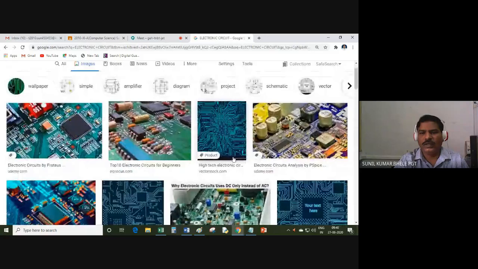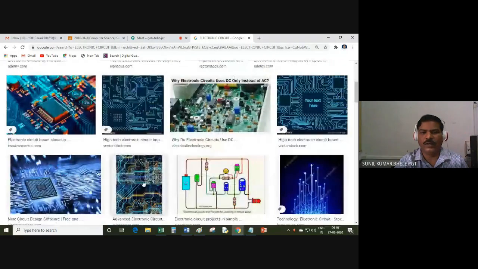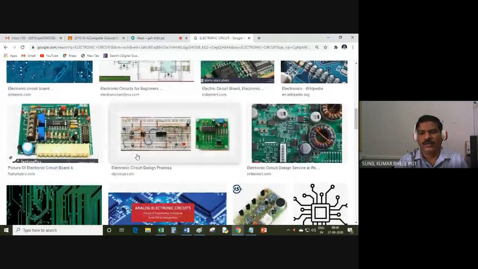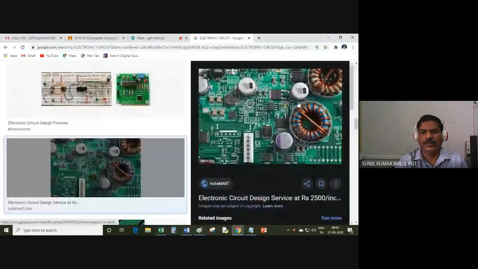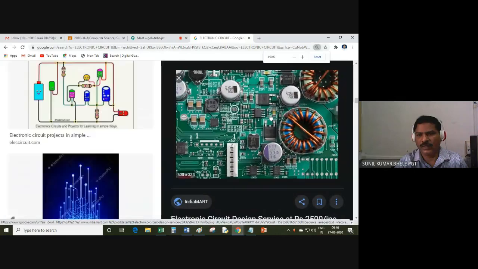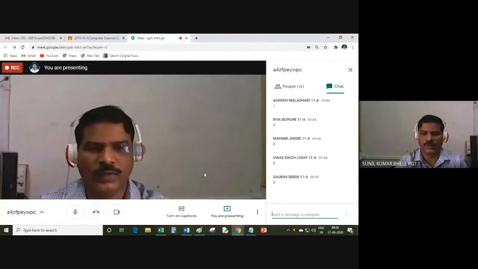So you can see this type of circuit is there on each and every electronic board. You are not able to see them because they are very tiny circuits on the motherboard. You can assume that there are gates on the motherboard.